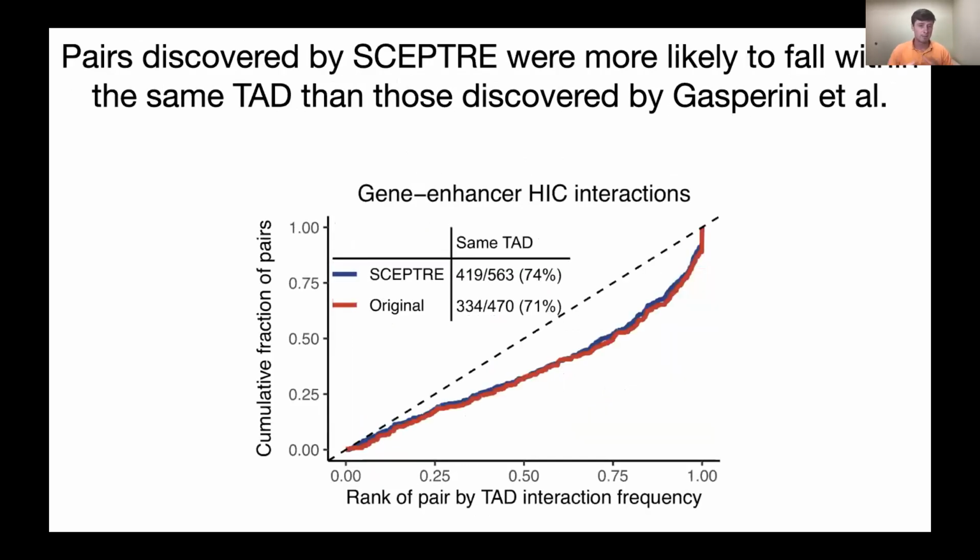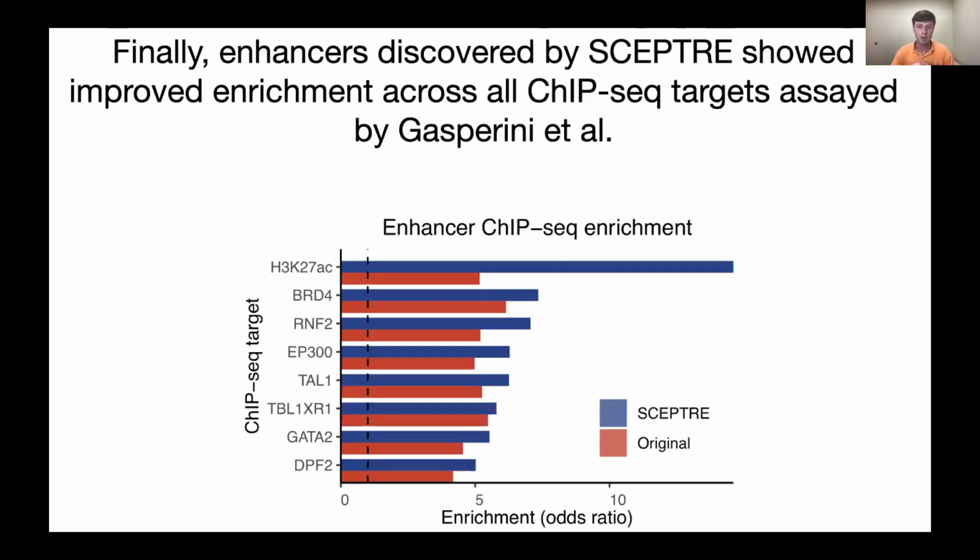Moreover, we looked at topologically associating domain data. Scepter gene enhancer pairs were more likely to fall within the same topologically associating domain than the original pairs. And this was despite the fact that Scepter discovered almost 100 more gene enhancer links than the original method did.